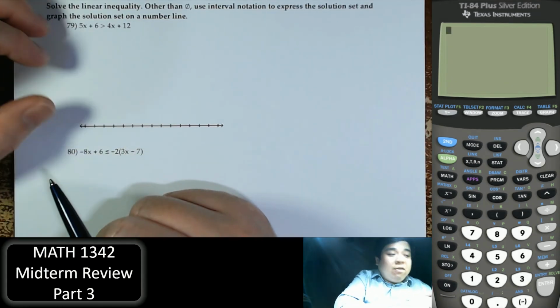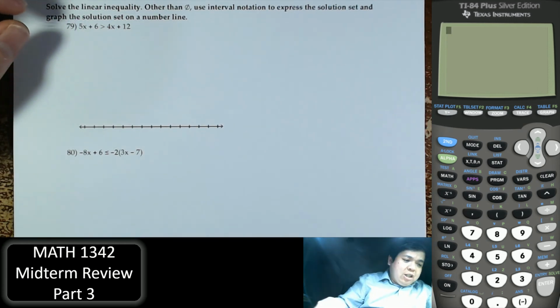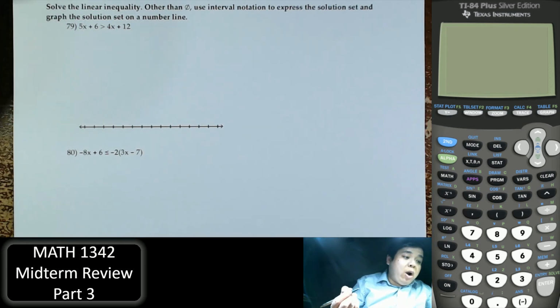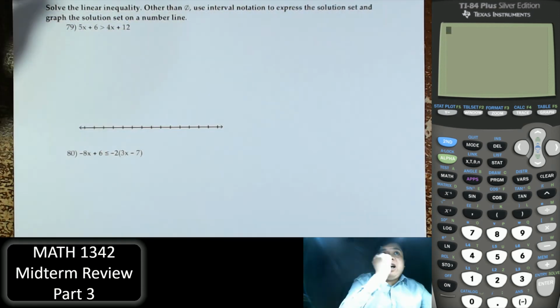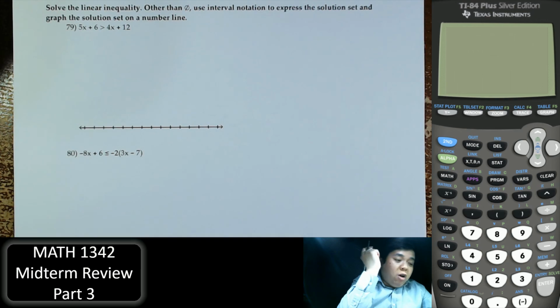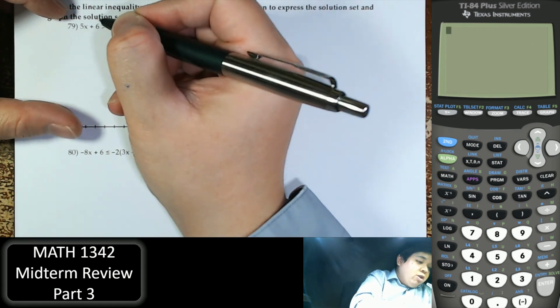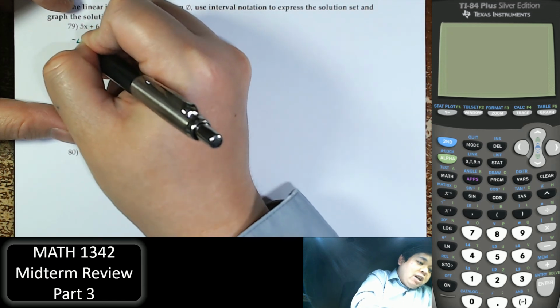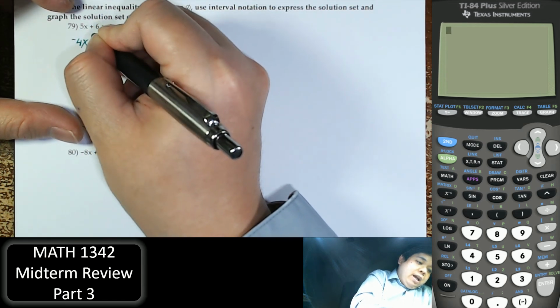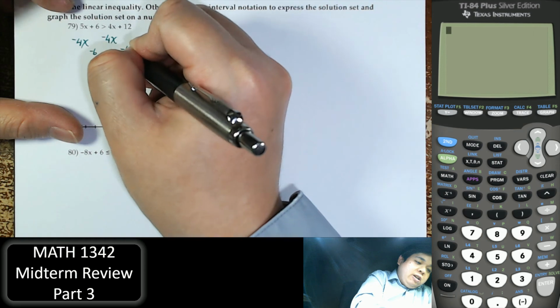So next, we have linear inequality. Solving it is almost like solving an equation, except we keep in mind that every time we divide by or multiply by a negative number, we have to reverse the inequality. So just move all the x to one side, exactly like the equation, and move the number to the other side.